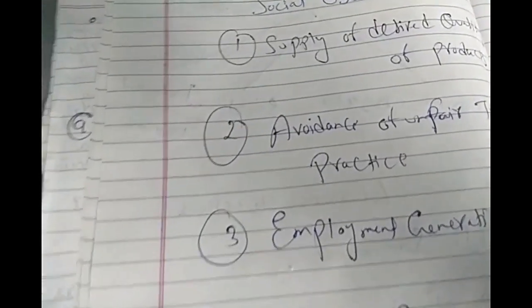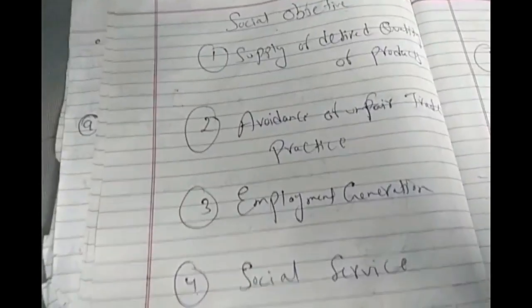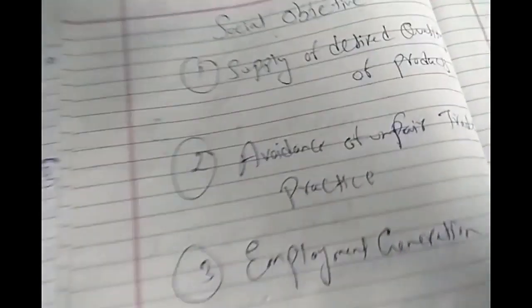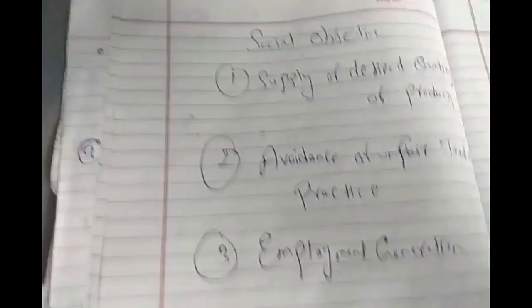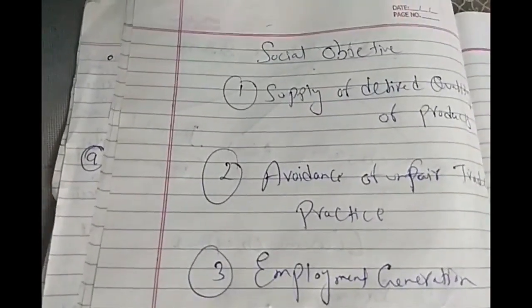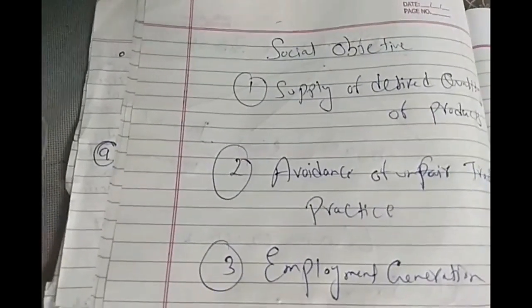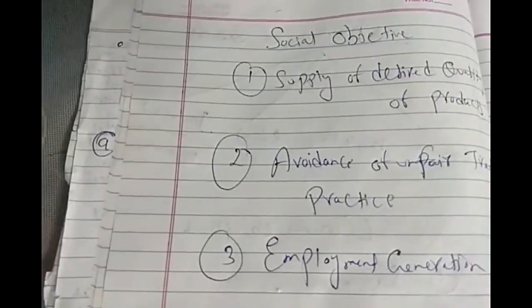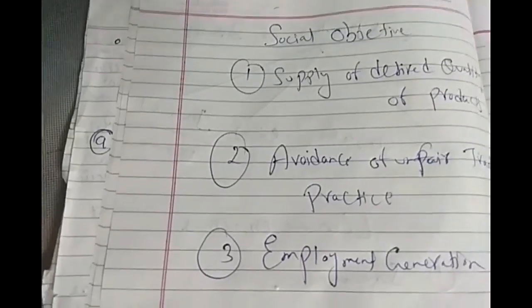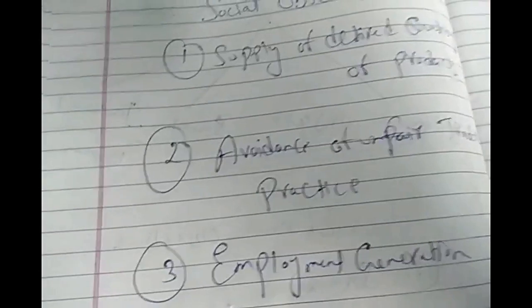Black marketing should not be there. Hoarding should not be there, meaning he keeps goods as stock when he gets to know that the price will rise in future, and sells them whenever the price rises. No, that unfair practice should be avoided by the businessman if he wants to survive in the market.